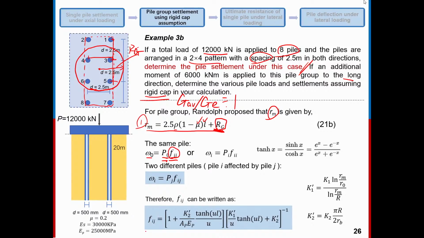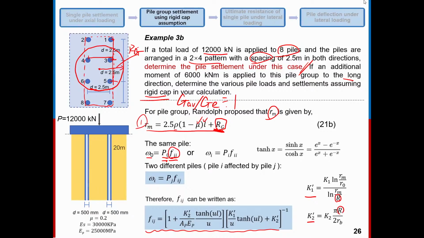The equation for Fij is listed here. The thing we are going to do is to replace K1 and K2 by K1 prime and K2 prime. K1 prime is K1 multiplied by natural log Rm over R0, then over natural log Rm over R. Here we have an R value.